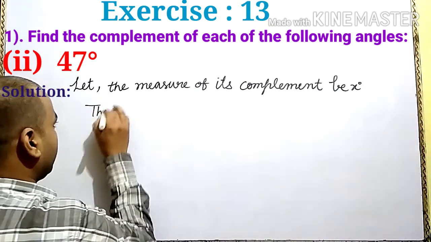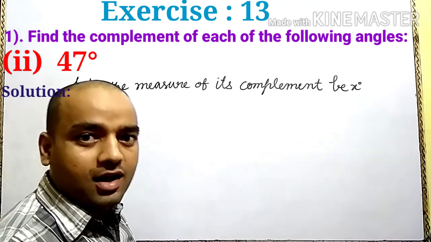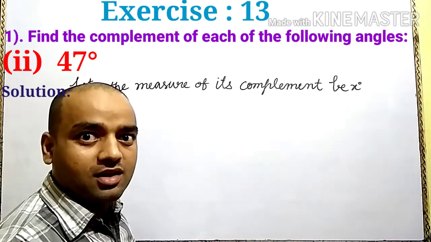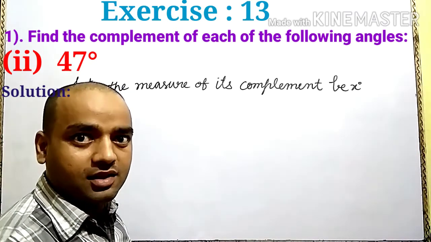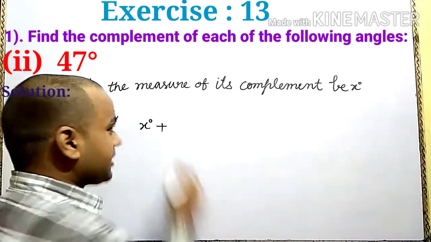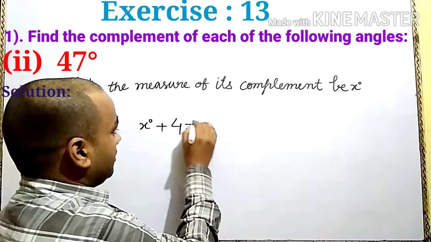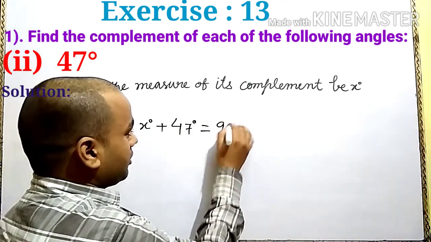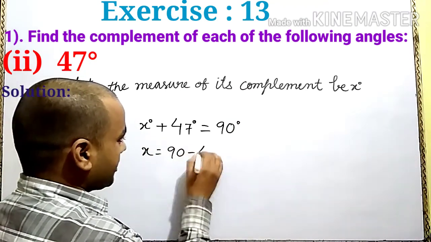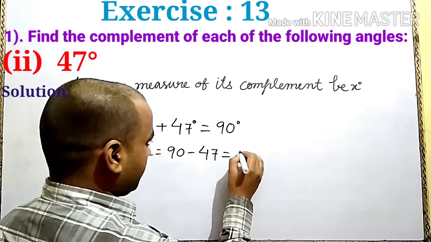Then we know that two angles are called complement if the sum of their measures is 90 degree. Here the first angle is x, the next angle given in the question is 47 degree. We write it is equal to 90 degree. Then x is equal to 90 minus 47. We get 43 degree.